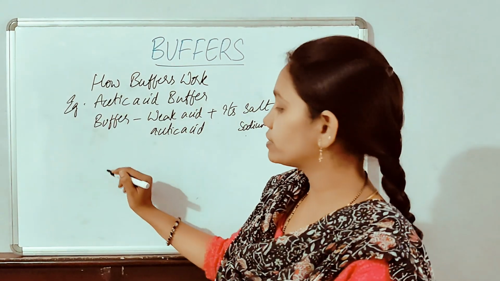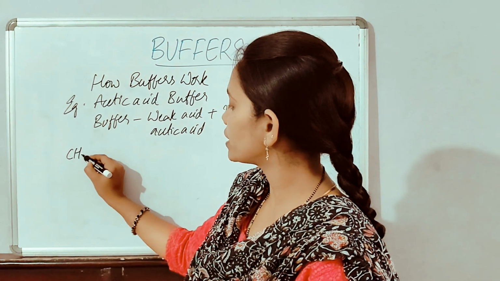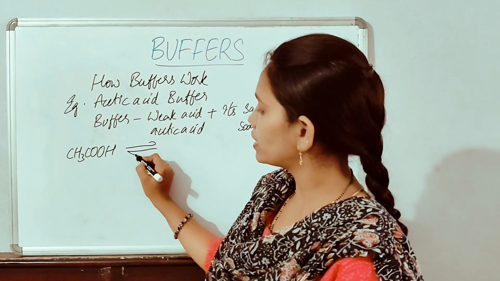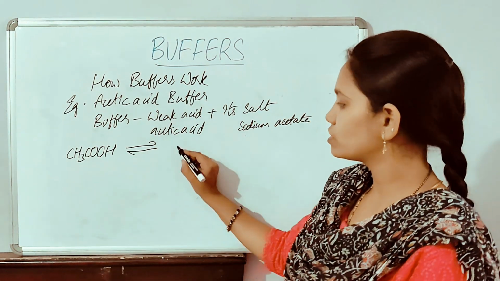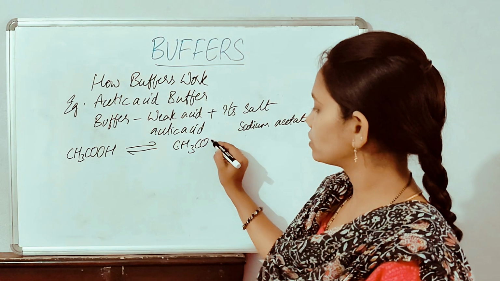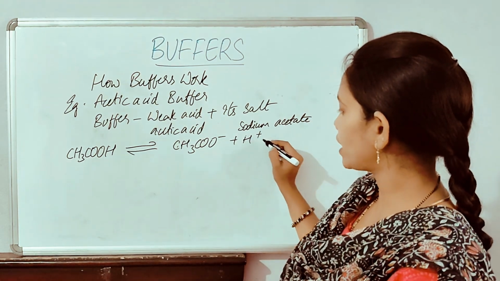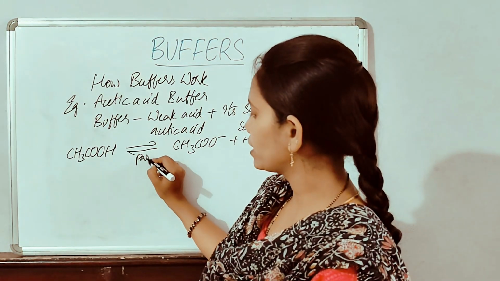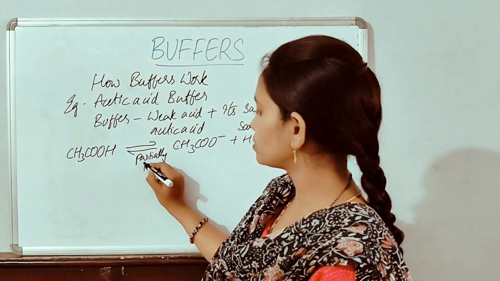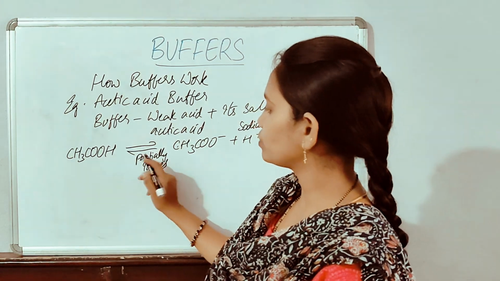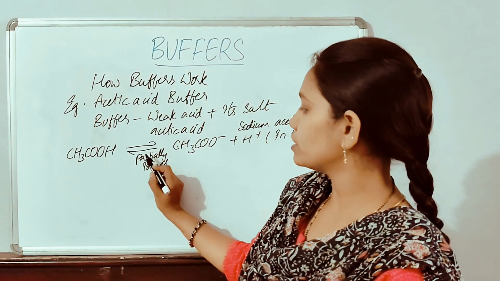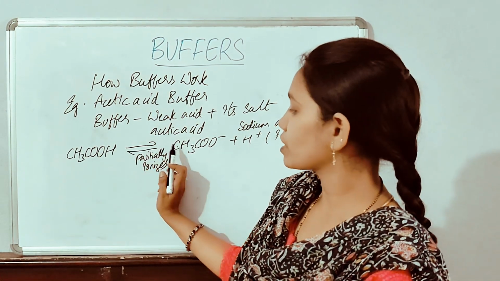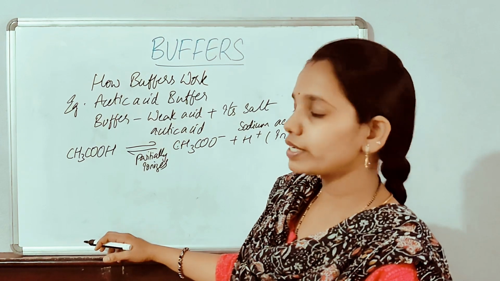So if you take the weak acid, that is acetic acid, it is a substance that partially ionizes into acetate ions and H plus ions when dissolved in water. Partially ionizes means it can get back to again acetic acid. Here the symbol showing reversible means both ways it can undergo reactions.